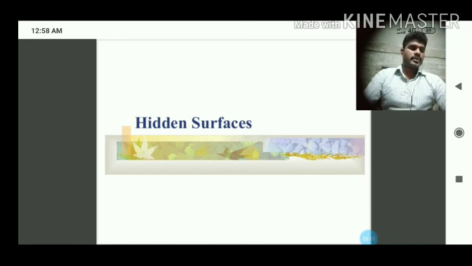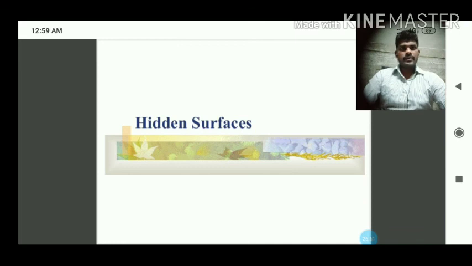That process is called hidden surface removal. As shown already, in a cube you are eliminating the three inner lines, those lines you are unable to see. That is called hidden surface removal.